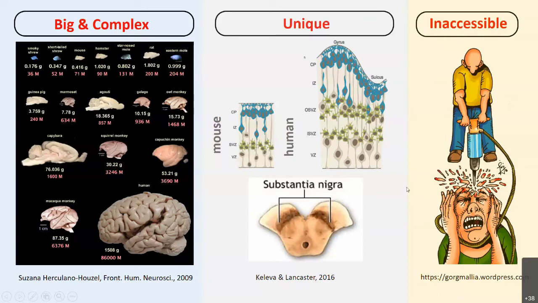And also, this is a mid-section of the midbrain part. This is known as the substantia nigra region. I will come back to this later in the second half of my talk, but here you can clearly see this is pigmented, right? These are dark regions. This pigmentation is due to what we call neuromelanin.